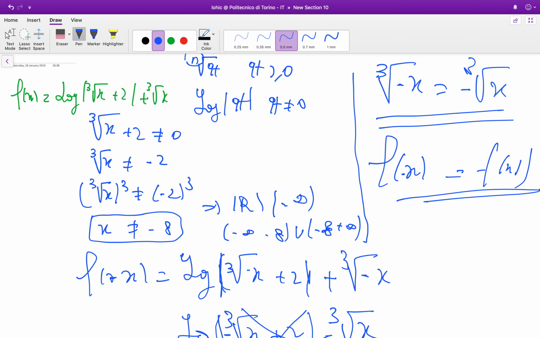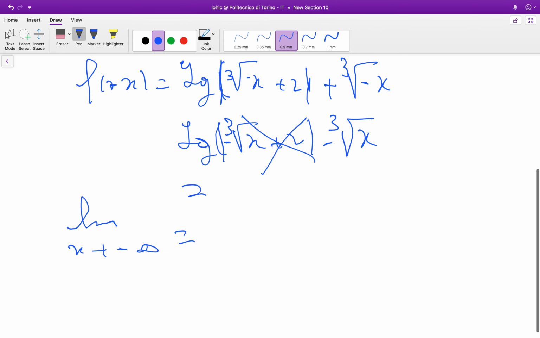With the absolute value, it gives plus infinity. The logarithm of plus infinity is plus infinity, and plus the cubic root of minus infinity is minus infinity. So let's write it.